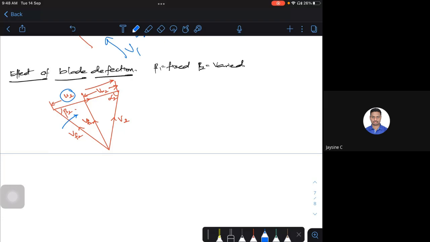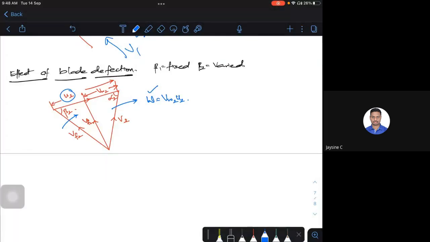If I increase the blade deflection, what will happen? It will have an impact on U2. What is its impact on VW? Indirectly, since work done is VW2 into U2, this will have an impact on the work done.